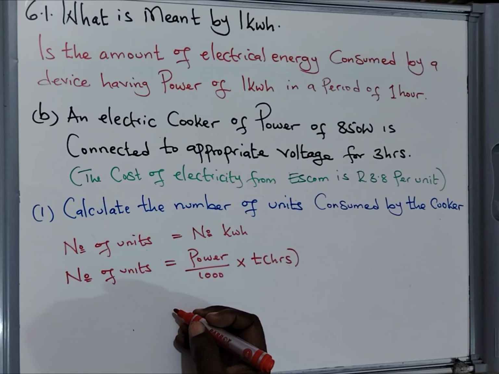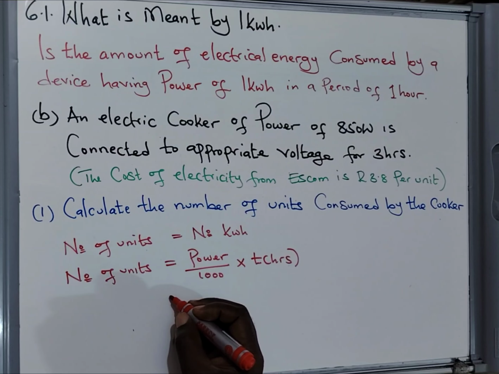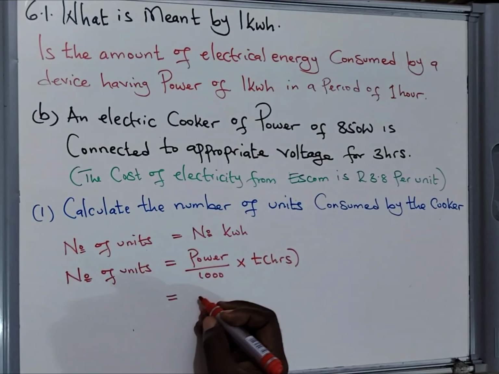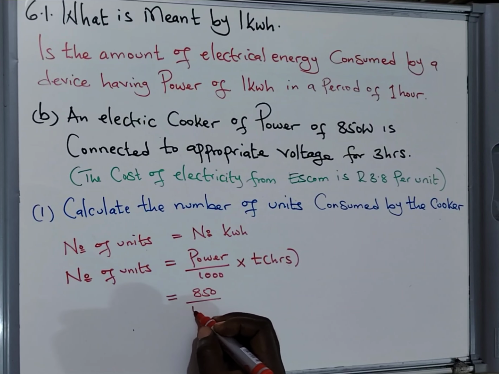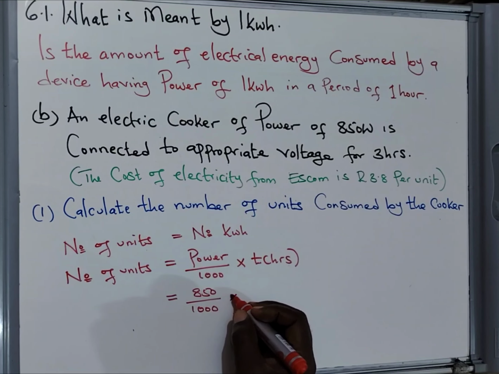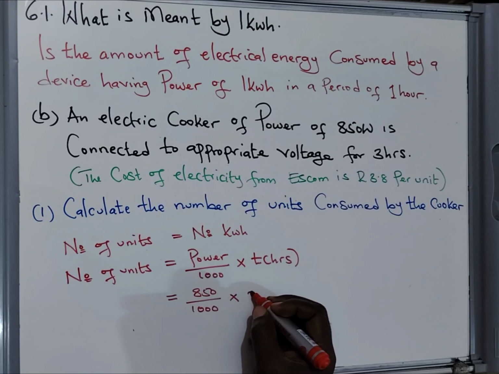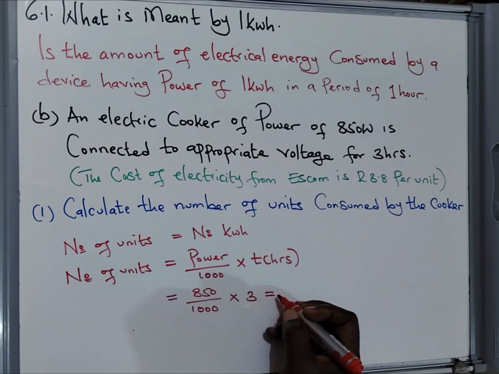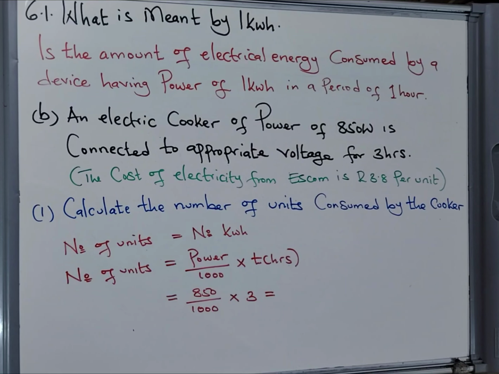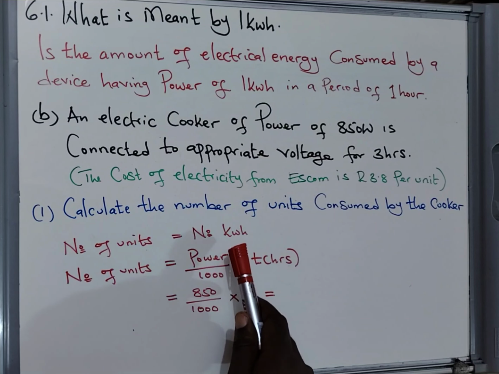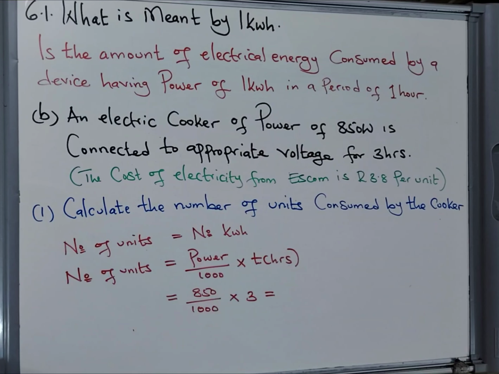So what is the power we have? The power is 850. So we divide it by 1000 times time, and the time is 3 hours. You have to take note that in this case, when you are calculating the number of units, our time is supposed to be in hours. Remember, it's kilowatt hours.